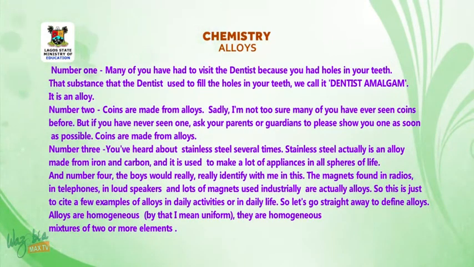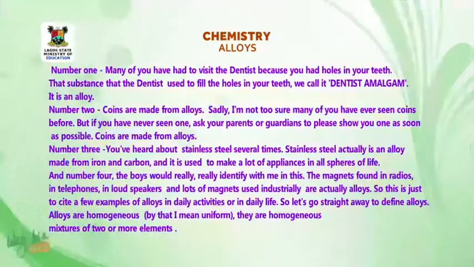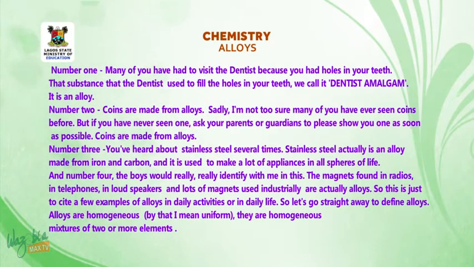Number 2, coins are made from alloys. Sadly, I'm not too sure many of you have ever seen coins before. But if you have never seen one, ask your parents or guardians to please show you one as soon as possible. Number 3, you've heard about stainless steel several times. Stainless steel actually is an alloy made from iron and carbon, and it is used to make a lot of appliances in all spheres of life.